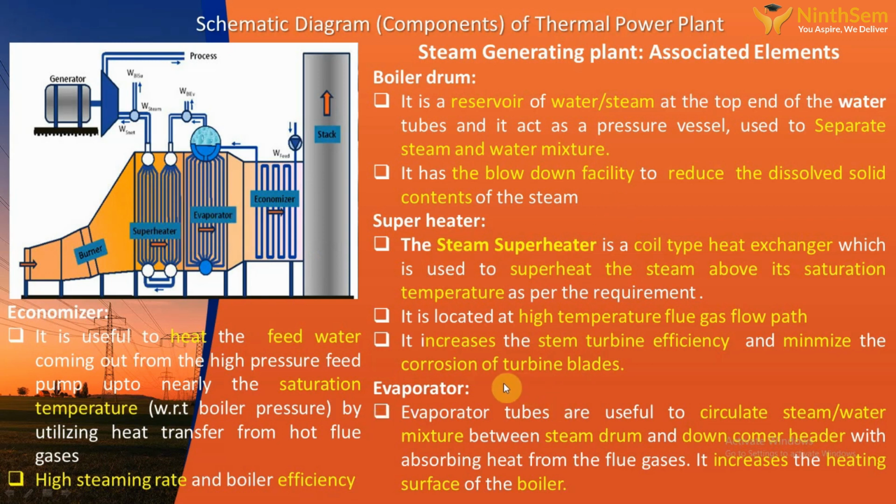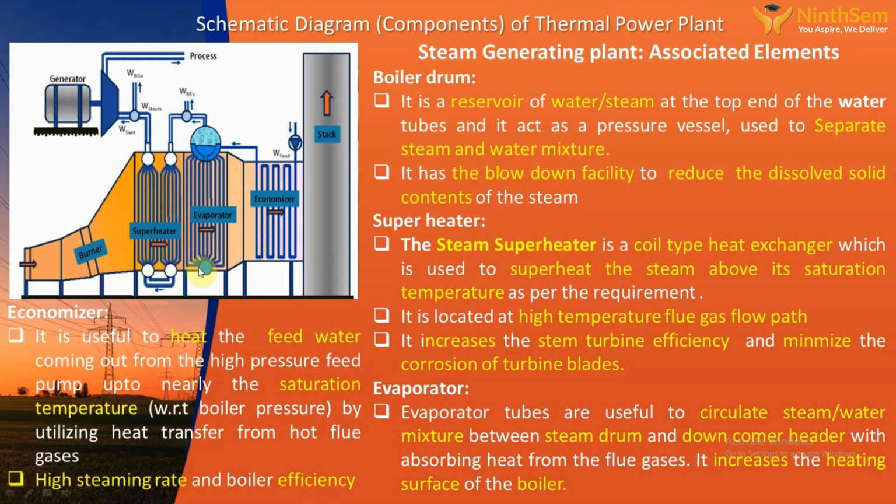In another heat exchanger, we have the boiler evaporator tubes. See, the evaporator tube is connected from the bottom. There is a header and a drum. Downcomer and riser tubes are connected like this. These evaporator tubes are very useful to circulate the steam and water mixture between the steam drum and the downcomer header while absorbing heat from the flue gases.